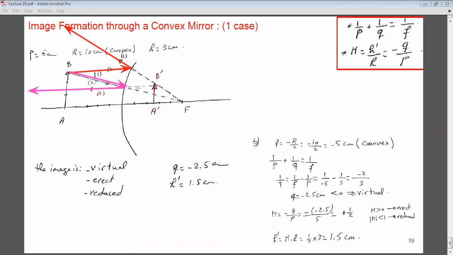Now, where do these two rays meet? They meet at this point over here.